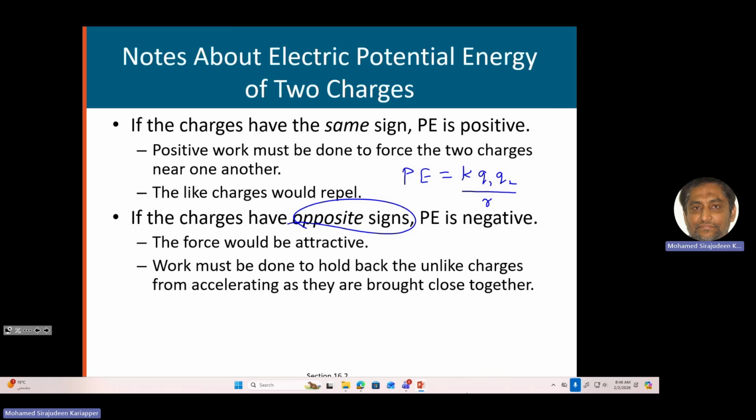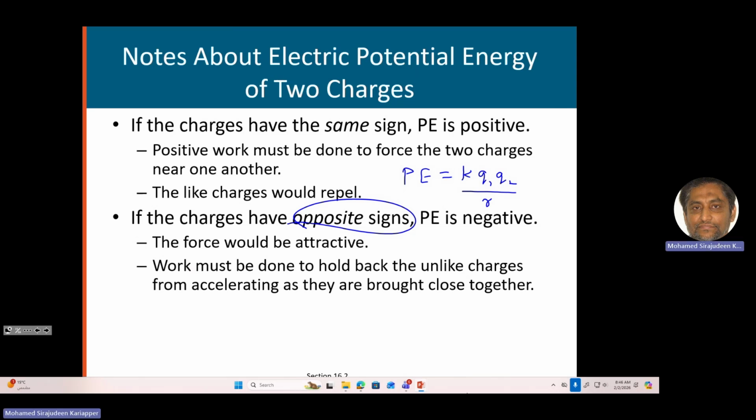So, you can understand why it happened. When it is the same sign, they are going to repel each other, right? So the like charges will repel. When you want to bring something from far to here, you need to do work to bring it.